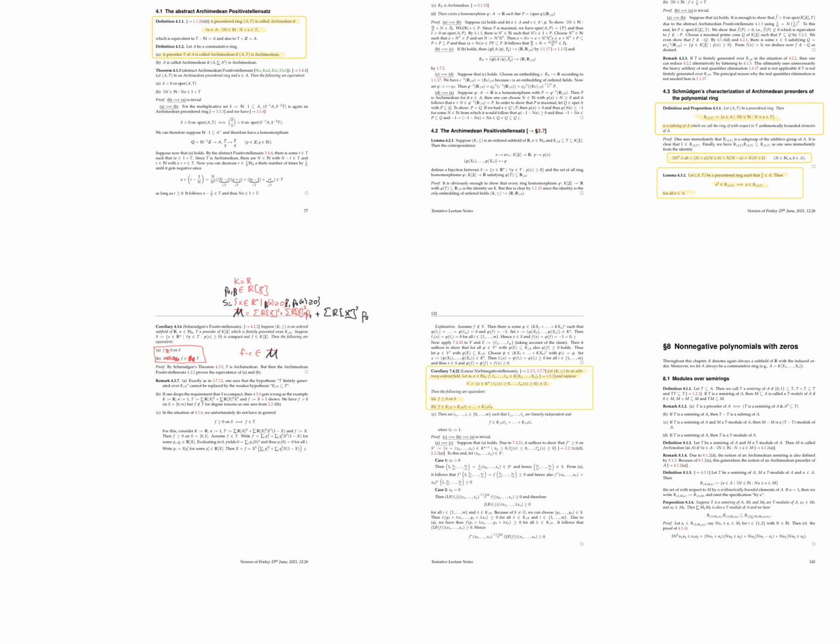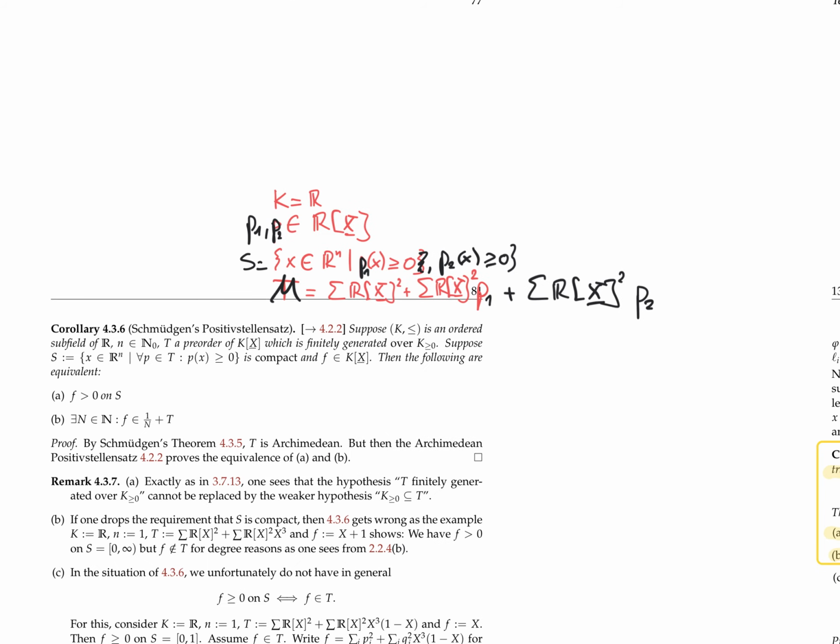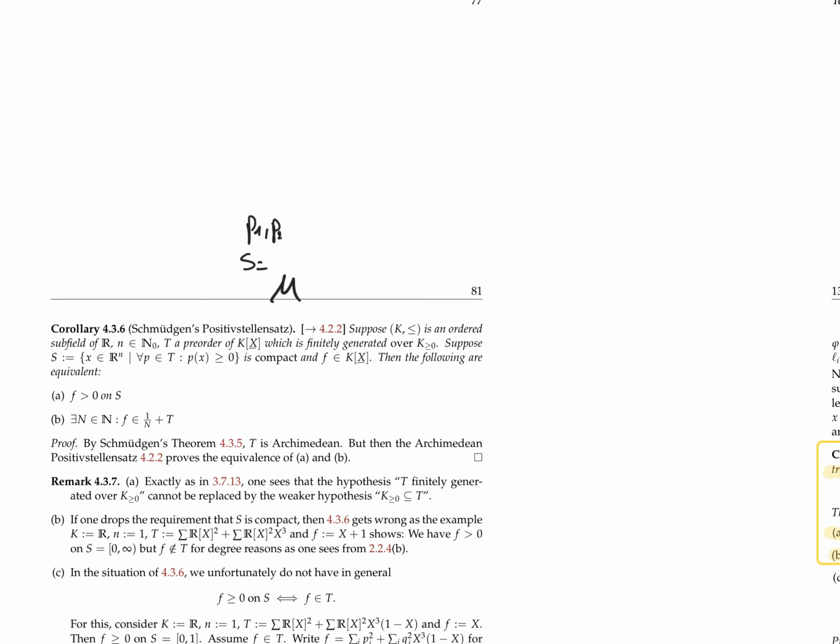So, with motivation, I mean, you cannot understand everything because this is not a course on polynomial optimization. But I think it's important to know that going away from preorders to quadratic modules is very well motivated. Looking at non-negative polynomials with zeros is very well motivated.